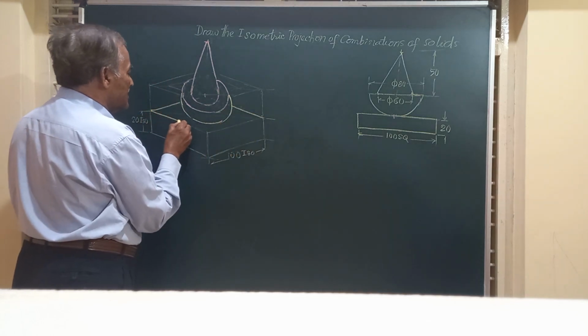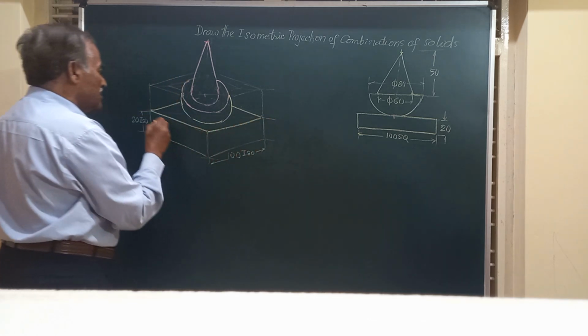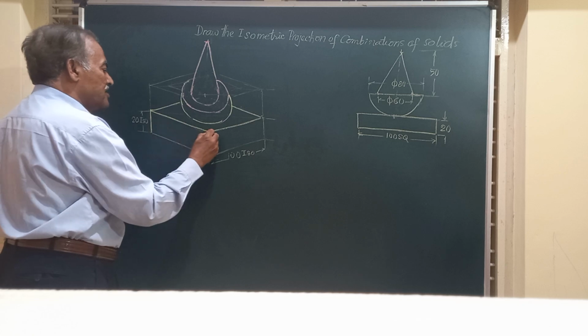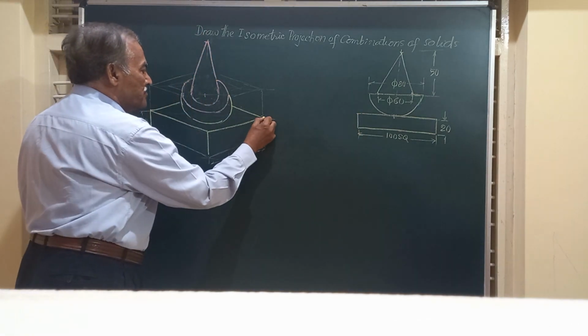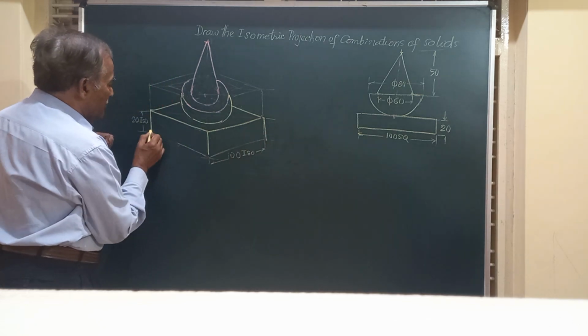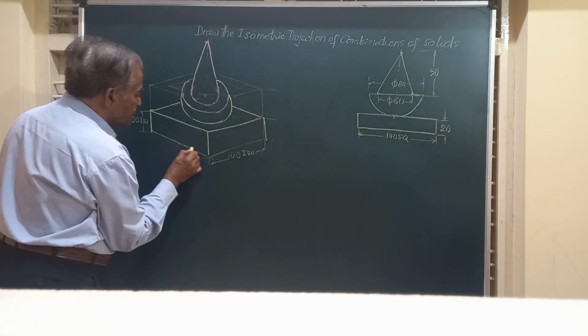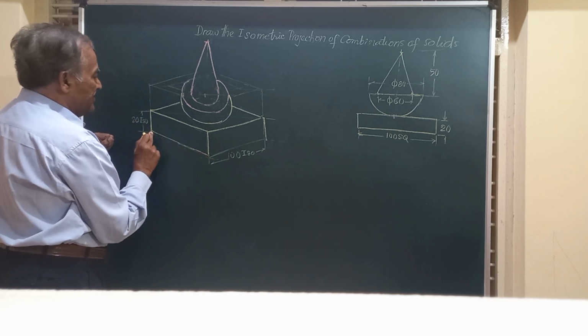So this is another visible line from this corner, and all this are to be shown by dark lines. This of height 20 ISO, and friends, from all this again we are drawing lines parallel to that. So we will get a figure like this, friends.